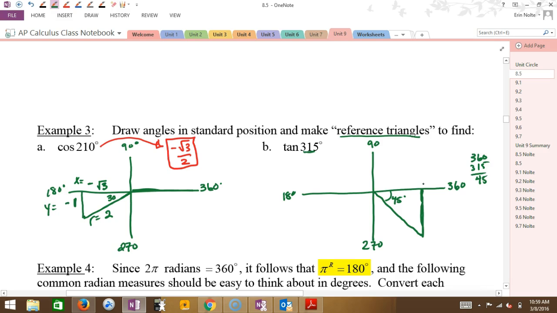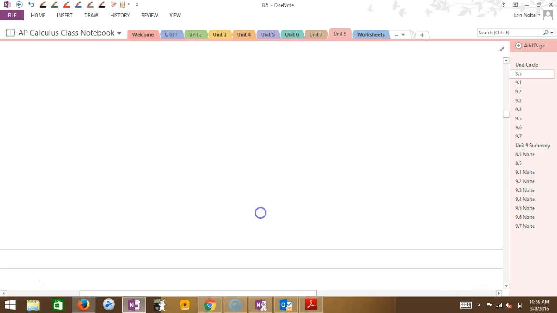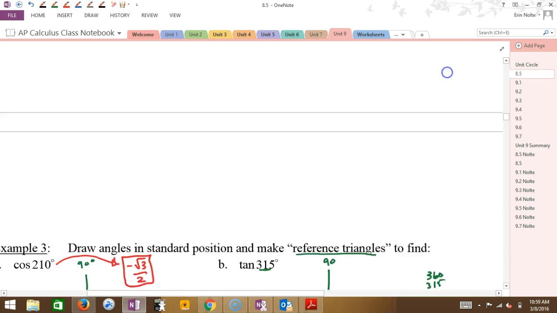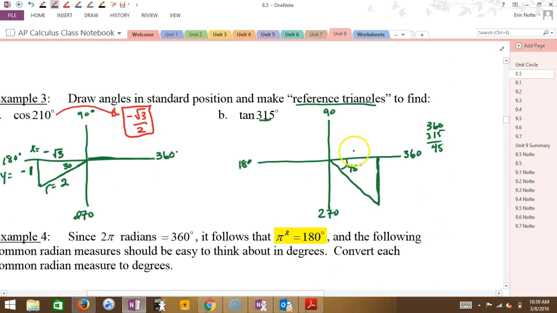At this point I go back to my little 45 triangle. I said the two short legs are 1 and the hypotenuse is the square root of 2. So this is 1, that's 1, and this is the square root of 2.